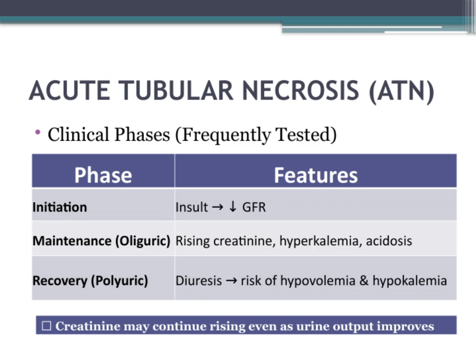However, this phase comes with its own risks, such as hypovolemia and hypokalemia, so careful fluid and electrolyte management is essential. This slide specifically highlights acute tubular necrosis, or ATN, which is a common cause of intrinsic renal failure. Recognizing these phases and features helps us understand the progression of kidney injury and guides our management strategies.